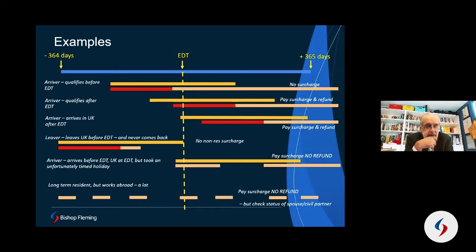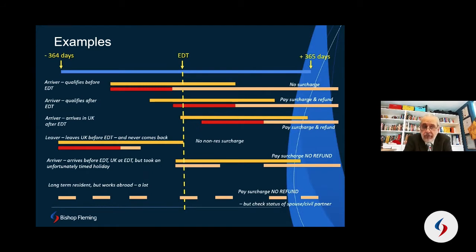And the last one is a long-term UK resident. Now, this is someone I've actually got in mind for this. It's a client of mine who could well be in trouble if he buys another house. He's born here, brought up here, as British as you or I, but he works abroad a lot. He works in the oil industry. So he goes out to Malaysia and he works a month on and a month off.